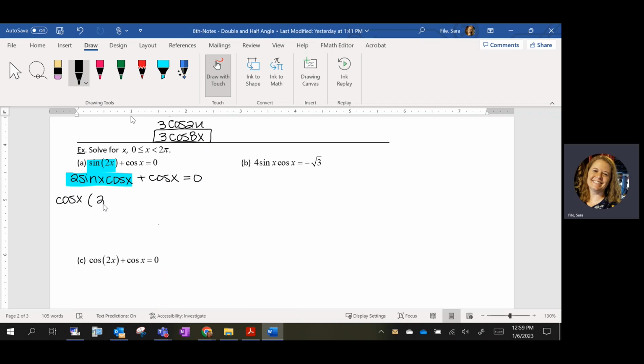So when I factor that out, I'm left with 2 sine of x plus 1. So when I get to this point, each of my factors has only one trig function in it. So I'm ready to split and solve each of those individually. So remember, this is what we did last semester when we did the first part of this unit. You set each factor individually equal to 0.